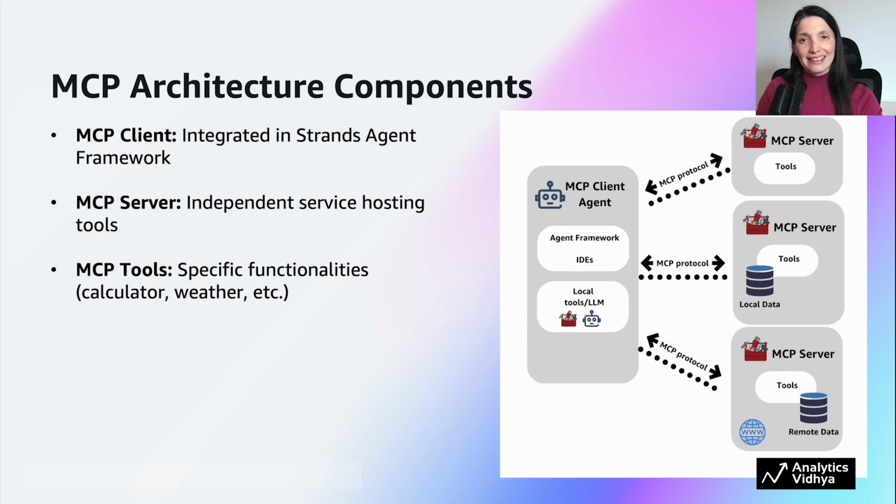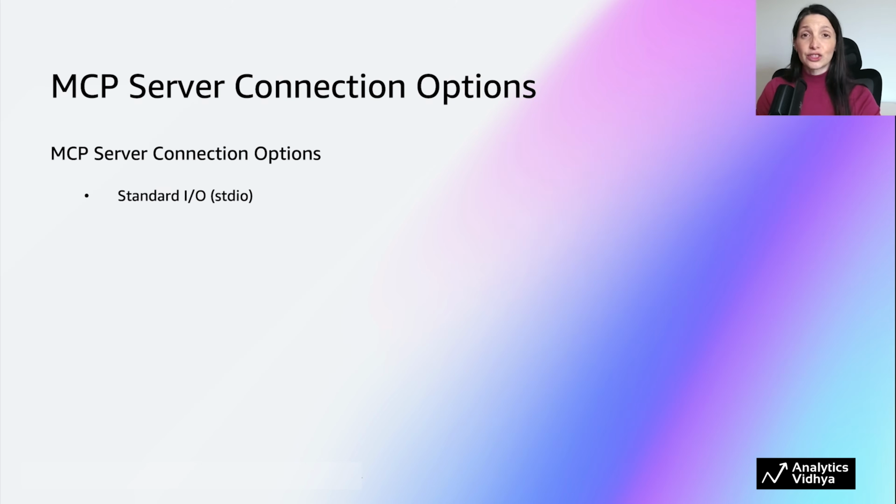And inside the MCP server, we have the MCP tools, the actual functionalities your agents can use, from simple calculations to complex business operations. The MCP servers can be local on your computer or can be accessible as external MCP servers on the internet. Strands Agent also includes built-in support for connecting to MCP servers and using their tools.